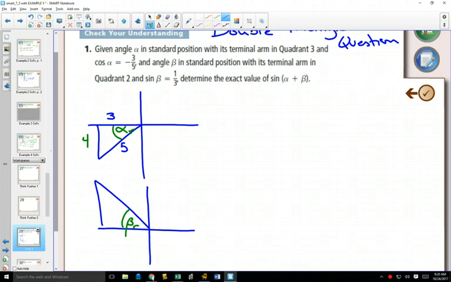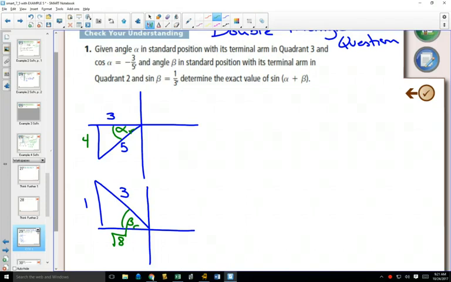Now for sine 1/3, well, opposite's going to be 1, hypotenuse is going to be 3. What's my other side? Square root of 8. So you should be pretty good at doing a squared plus b squared equals c squared in your head. And in this case, you're going to get the square root of 8.